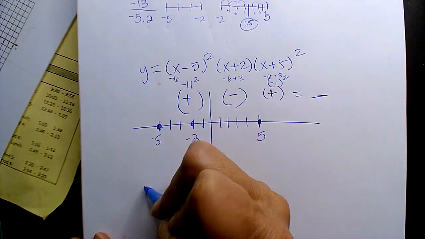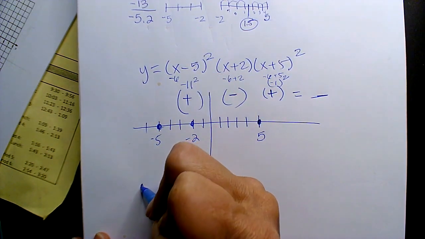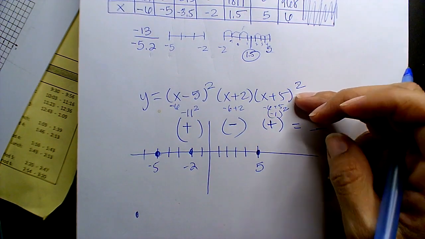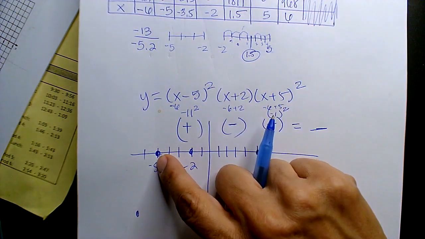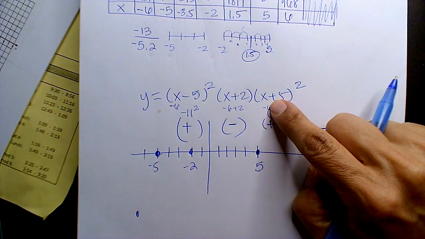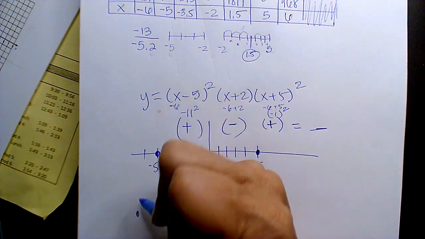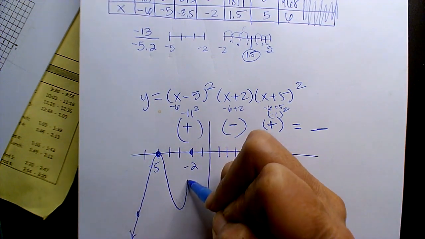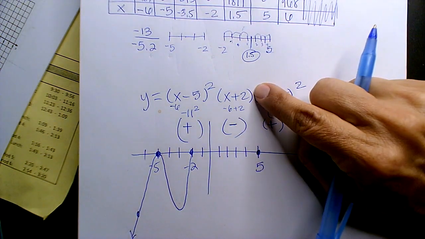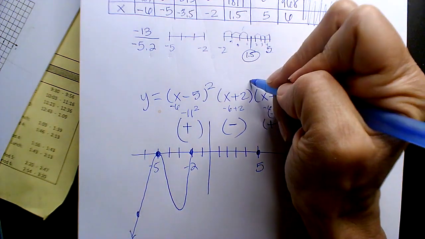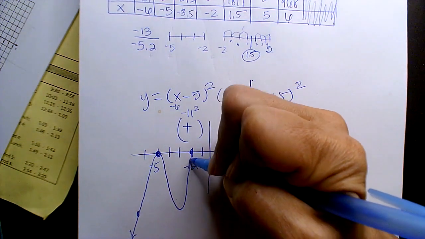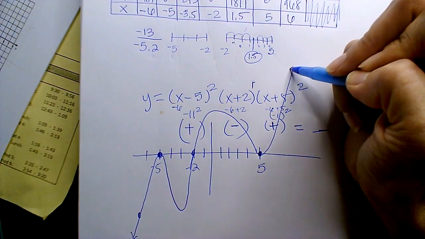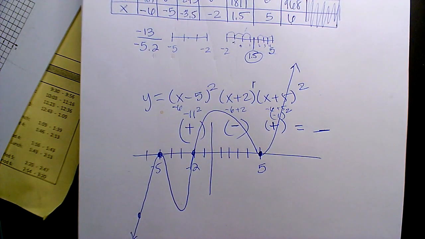So now, once I know that -6 is somewhere down here, I know how to graph it using multiplicity. Because this -5 has an even exponent, I know that I'm bouncing off. I'm coming right back to the -2. The -2 has an odd multiplicity because it's a 1. I run through it, I come back to the 5, it's squared, I bounce off, and I run through.